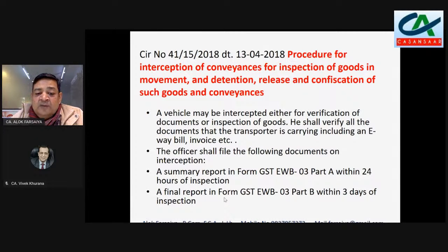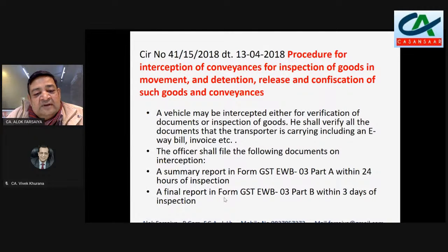Another very common error is where my recipient of the goods has multiple places of business in the same state. I am sending the goods from Agra to Haryana, and in Haryana the recipient of the goods has his registered office in Gurgaon, but he has a factory in Rohtak.